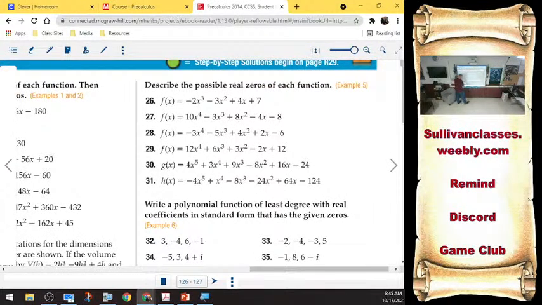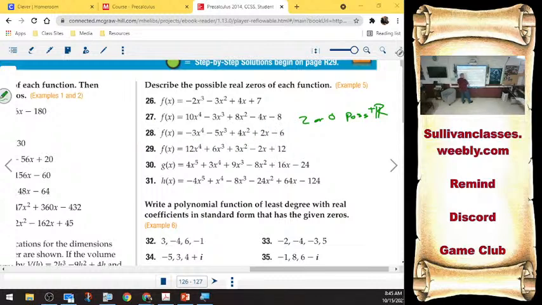Chill out, Frank. Okay, describe the possible real zeros. So stage 1. It says possible real zeros, not possible rational zeros. So this is just Descartes' theorem. Put in a positive x: positive, negative, negative, positive, positive, negative. Sign change twice. 2 or 0 possible positive reals.